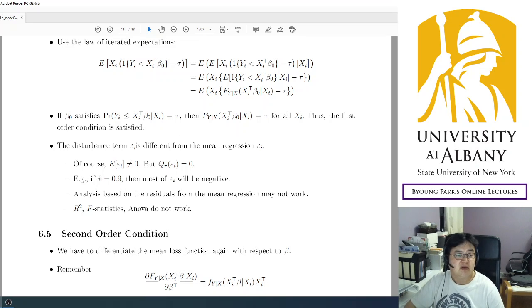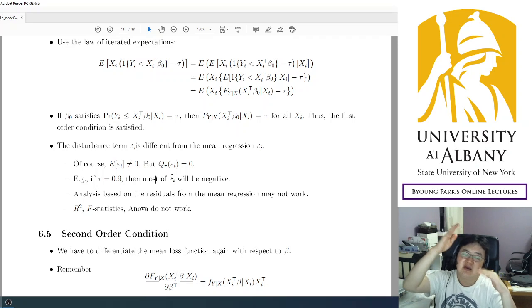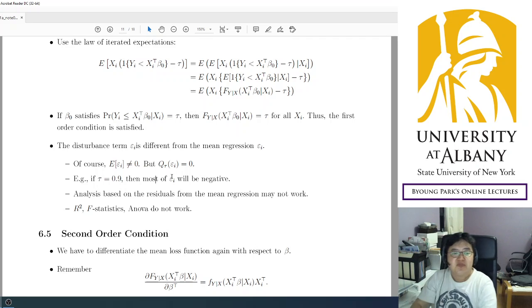For example, if you are interested in the 0.9 quantile, the top 10%, then 90% of epsilon will be negative because its 90th percentile will be 0. That means the bottom 90% will be negative and the top 10% is positive. Therefore, obviously, the mean equals to 0 is not true anymore.